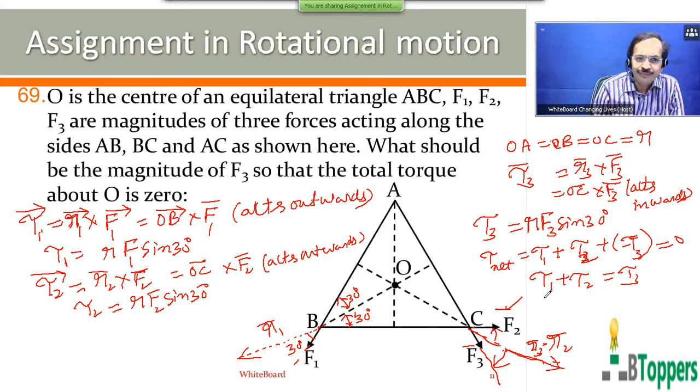So here, F1 plus F2 into R sine 30 degrees is equal to F3 into R sine 30 degrees. So R sine 30 degrees can be cancelled. So you get, finally the conclusion, F3 equal to F1 plus F2.